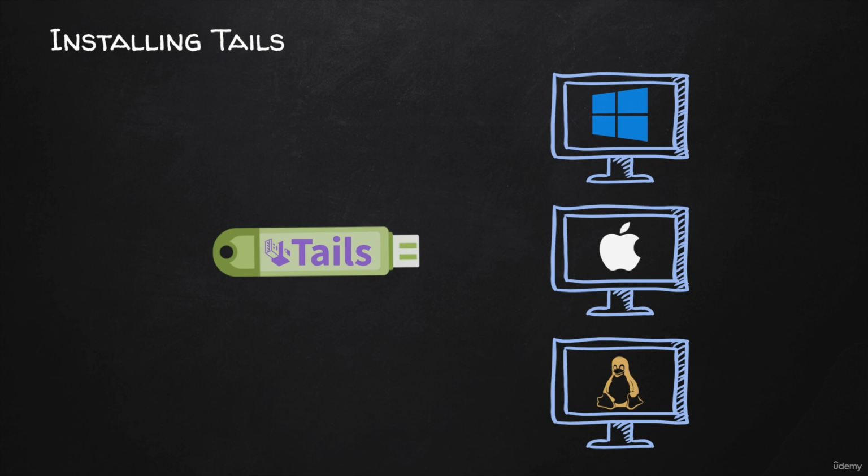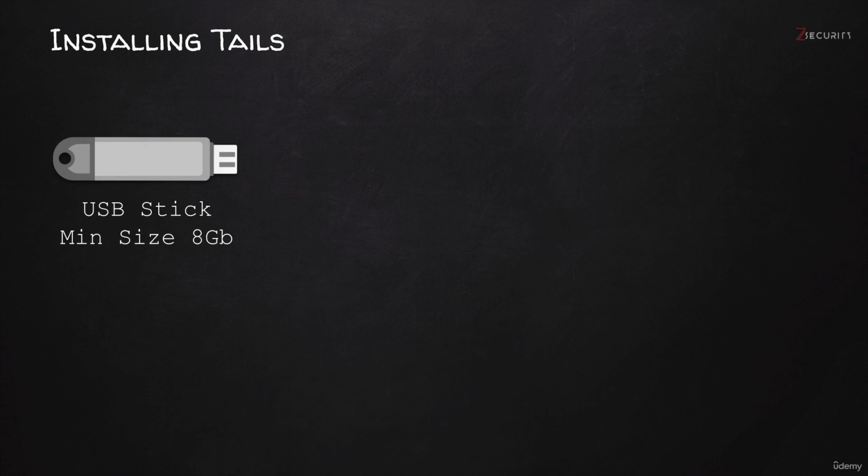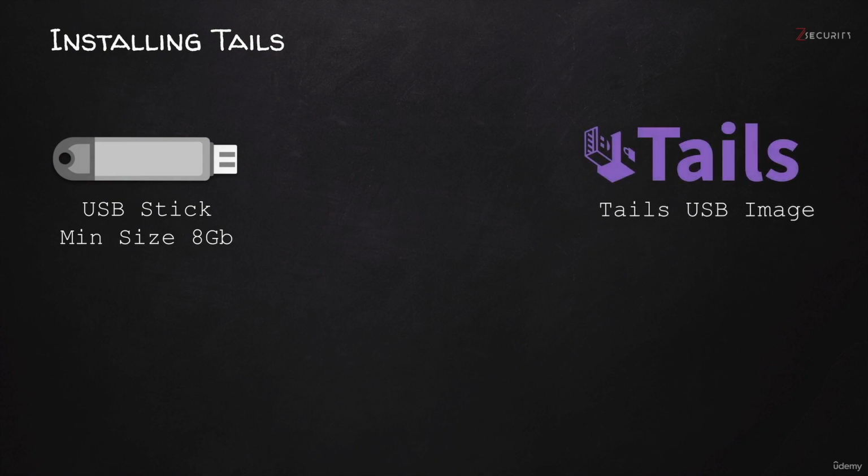So, in order to install Tails on a USB stick, obviously the first requirement is you'll need a USB stick. This USB stick needs to have a minimum size of 8 gigabytes. The next thing that we'll need is the Tails image. I'm going to include its download link in the resources of this lecture.